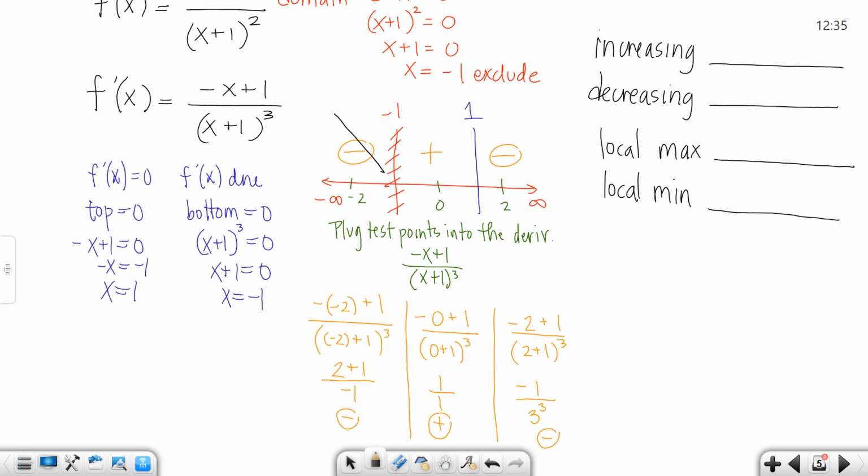I'm decreasing here, I'm increasing here, I'm decreasing here. Okay, so let's write that up. I am decreasing from -infinity to -1, and I'm also decreasing from 1 to infinity. I am increasing from -1 to 1.